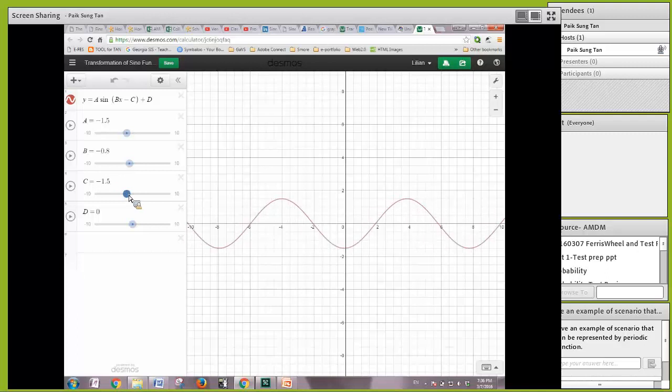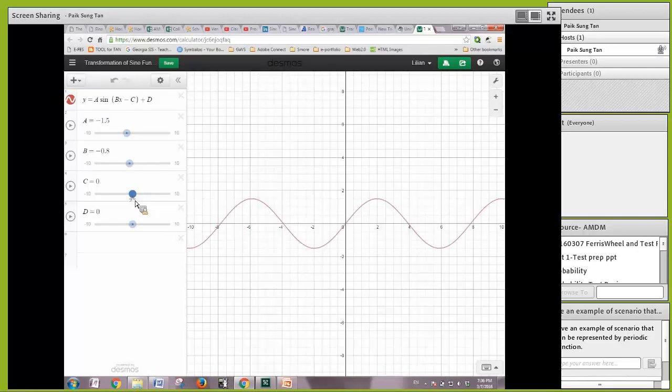And C moving left or right. It doesn't stretch or squeeze, it just moves the graph. Now remember, C is usually 0, and because the formula has a minus, when you have minus a positive number, it moves the graph to the left.